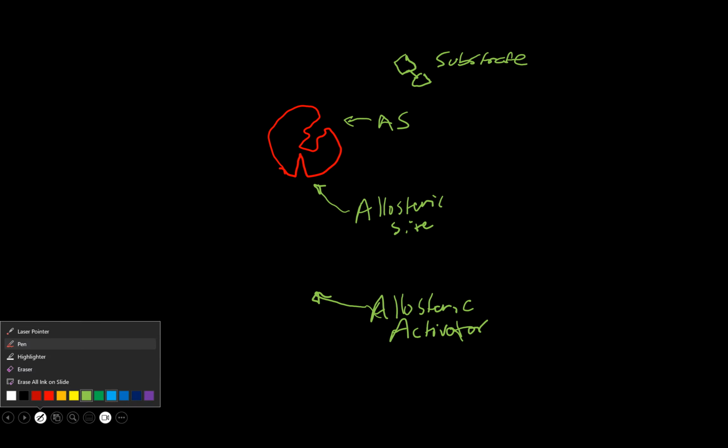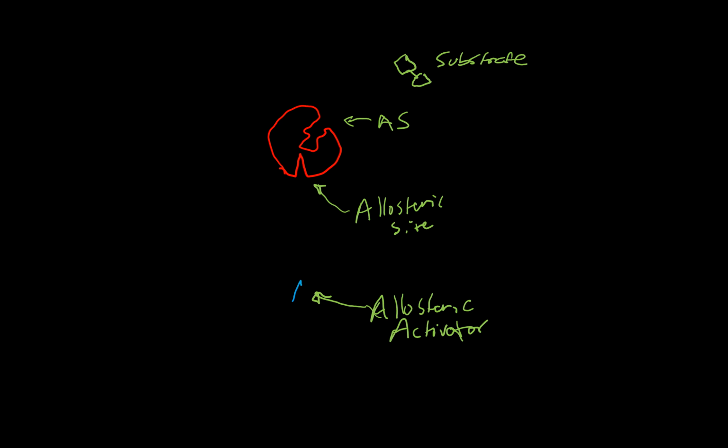And in order to turn my enzyme on, I just need to bind my allosteric activator on there. Ta-da! So now I have my active enzyme.